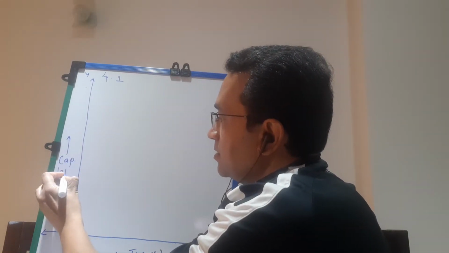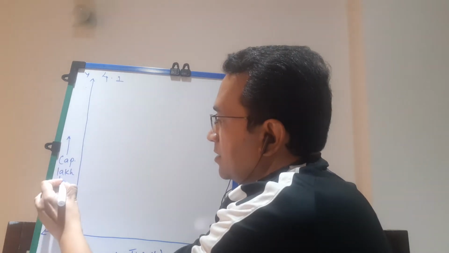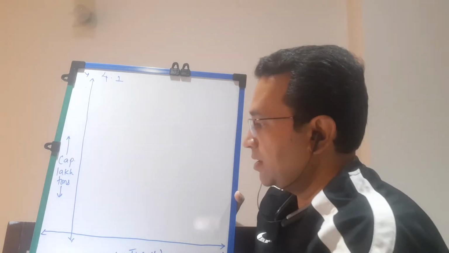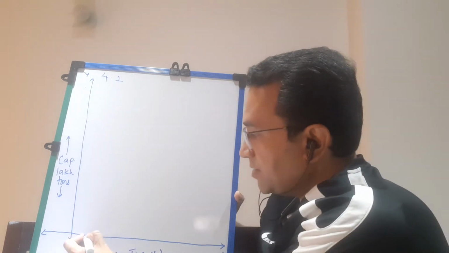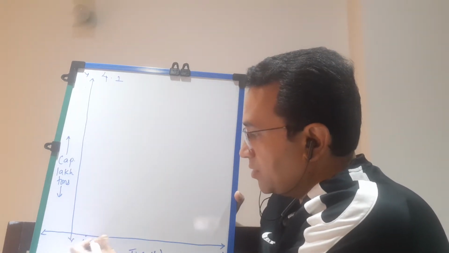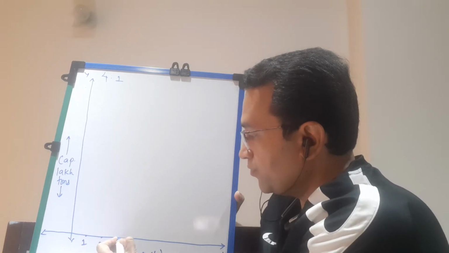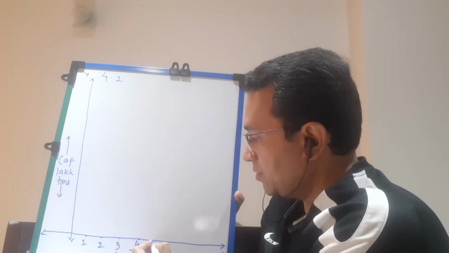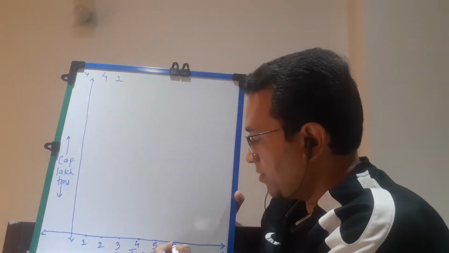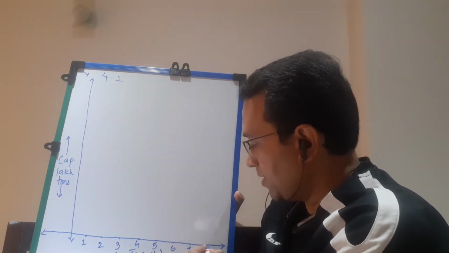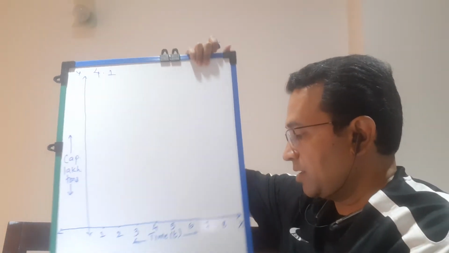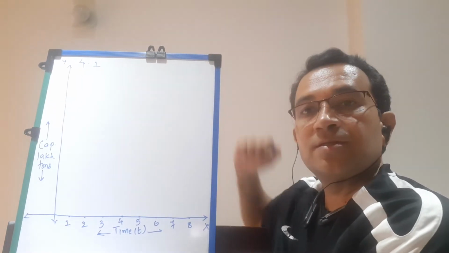Clear, students? Now on the x axis I will show 8 equal values: 1, 2, 3, 4, 5, 6, 7, 8. Just check like this.